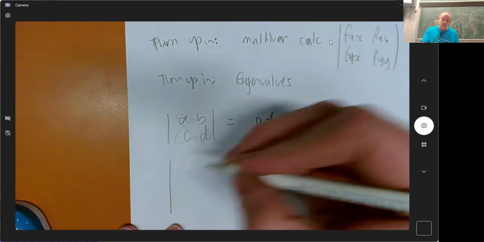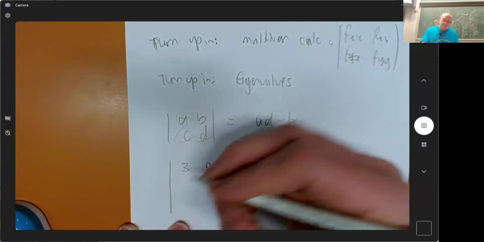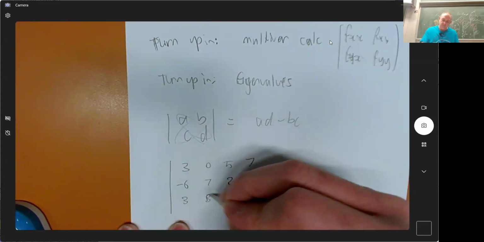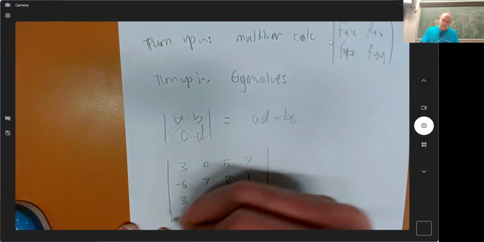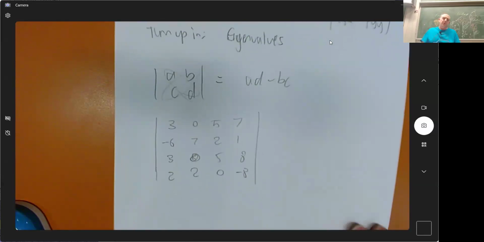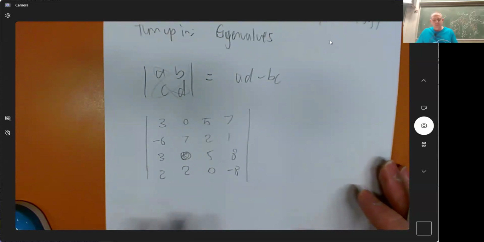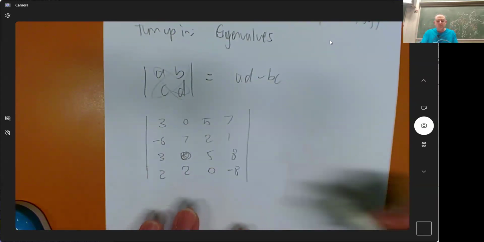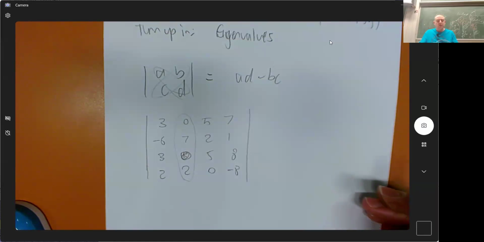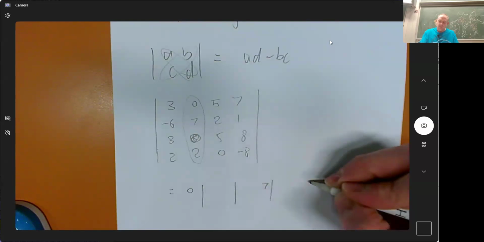So when you do the determinant of some random numbers, seem to be favoring 2s today. When you do the determinant of a big matrix, what you have to do is pick a row or a column and take those numbers and put them next to some smaller matrices.